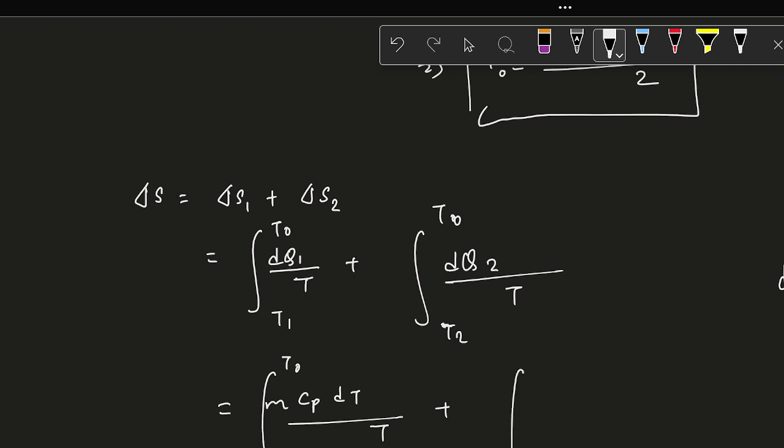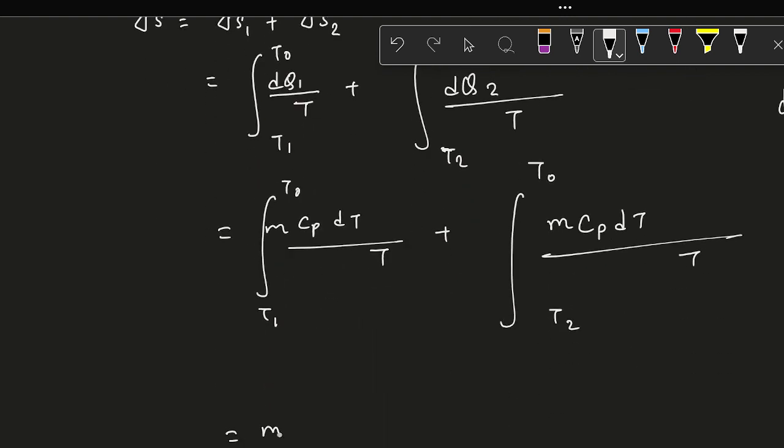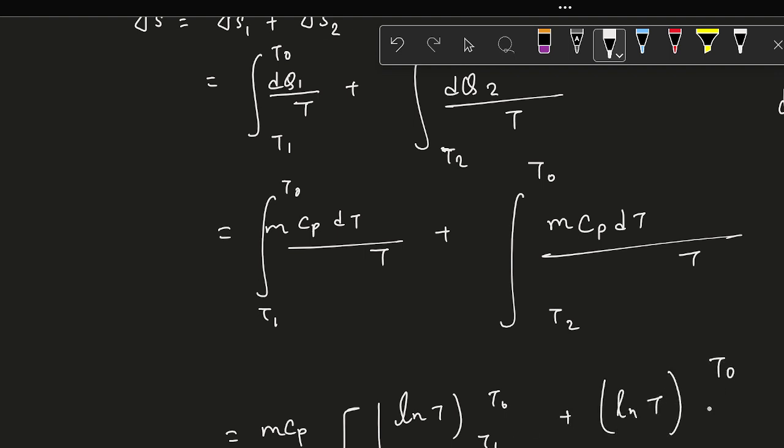Same again for the second water body: mCp dT by T from initial temperature T2 to final temperature T0. So mCp comes out as common, and the integral of dT by T is just ln T. So it is ln T from T1 to T0 plus ln T from T2 to T0.